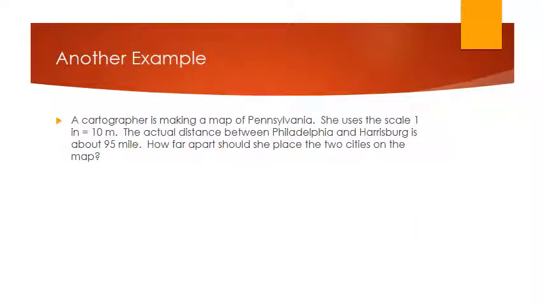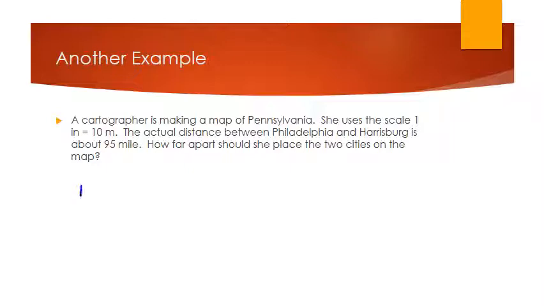All right, another example. A cartographer is making a map of Pennsylvania, and she uses the scale 1 inch equals 10 miles. The actual distance between Philly and Harrisburg is 95 miles. How far apart should she place the two cities on the map?